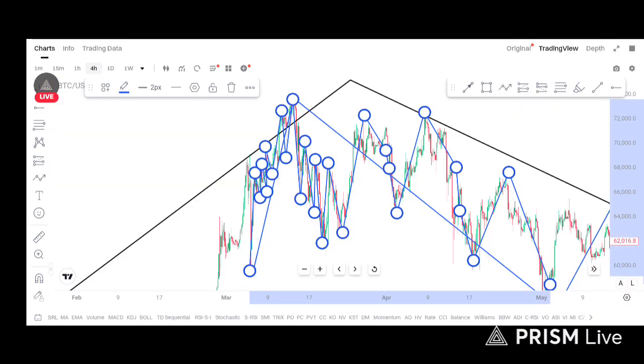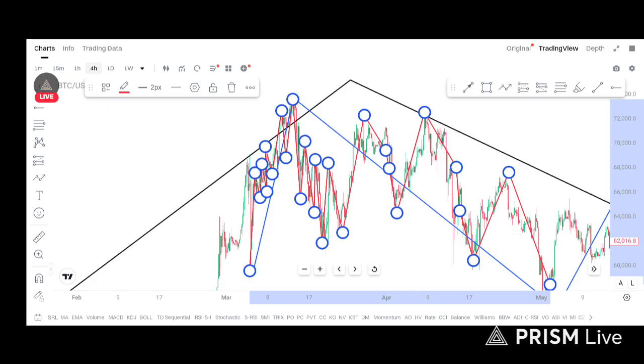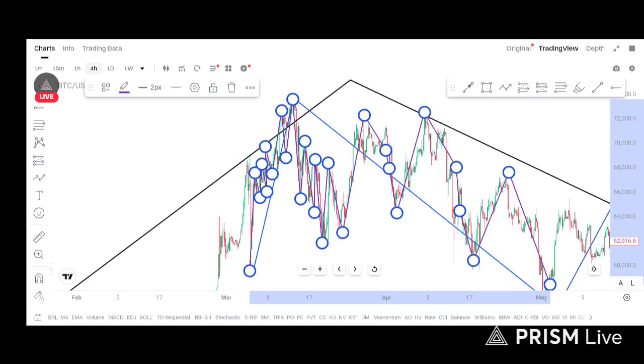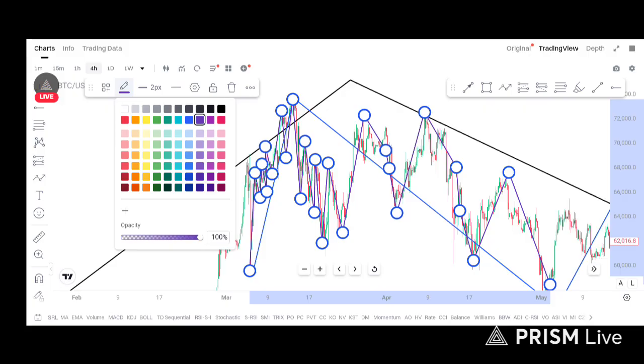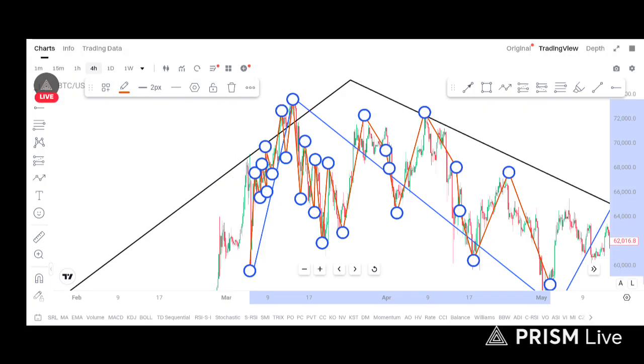The market is just doing the same thing all over again. No, let's use green. Green is going to be better.